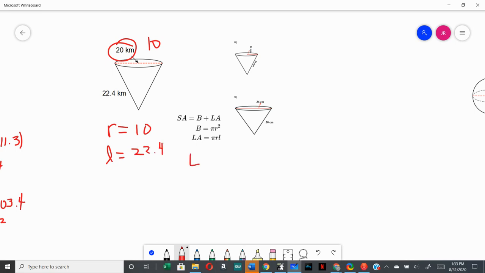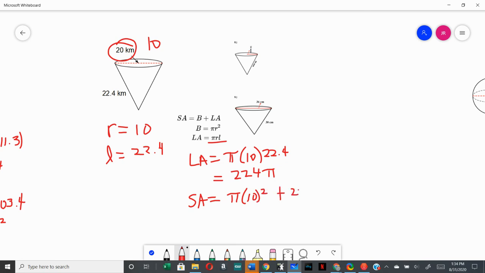22.4. Lateral area, real easy, pi r l. Pi times the radius, which is 10, times the slant height, which is 22.4. And again, I'm not going to do anything with pi. I'm going to leave it in the answer. This is called the exact form. So this would be 224 pi. And then I just need to find the surface area, which is pi r squared, pi times 10 squared, plus the lateral area, which is 224 pi.